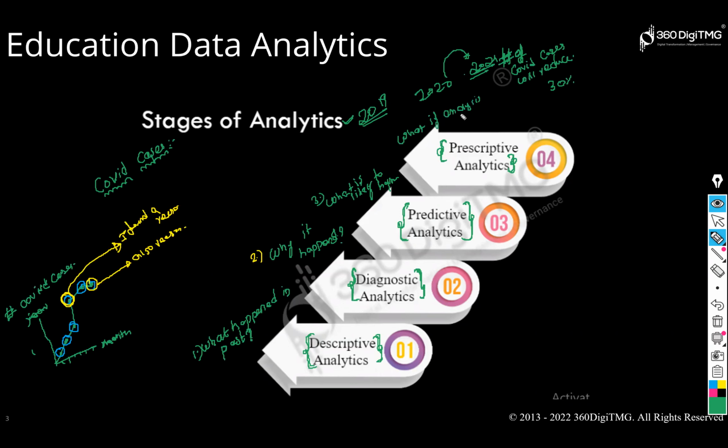Like let us say that I predicted that by 2021 the COVID cases will reduce by 30%. So taking actions based on the prediction is called prescriptive analysis. I want to make my prediction come true. So what are the steps I have to take for that?